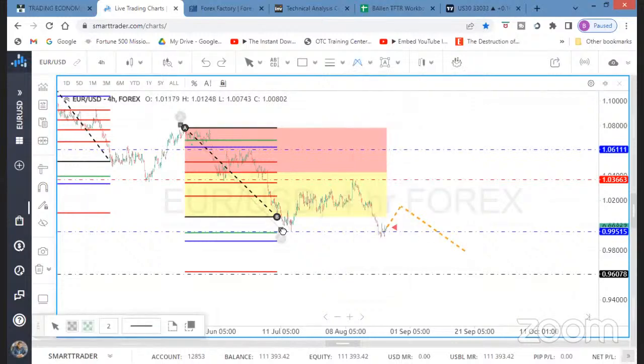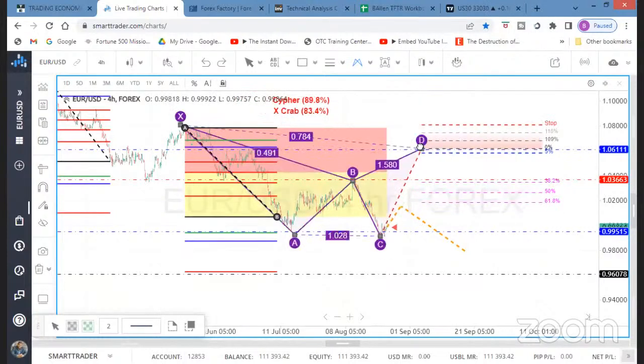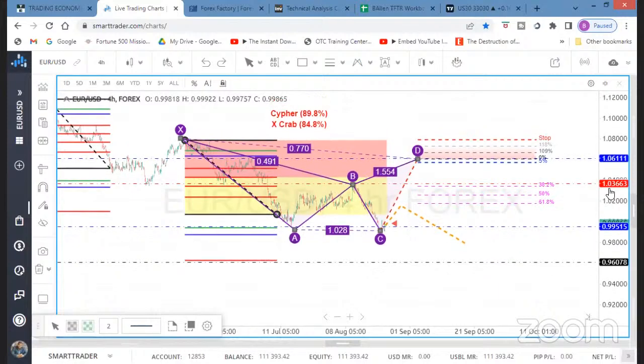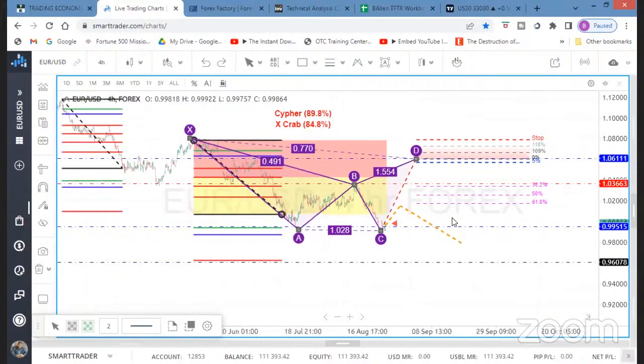So for your harmonics, now it becomes an X to A, okay, A to B, and you see that would be my C to D traditionally in the ABCD move, but we don't quite get that breakout. Price wants to revisit a higher price within that AB boundary like that, okay, so you get a harmonic type of setup there, then you get your correction, because that's how you find those moves.